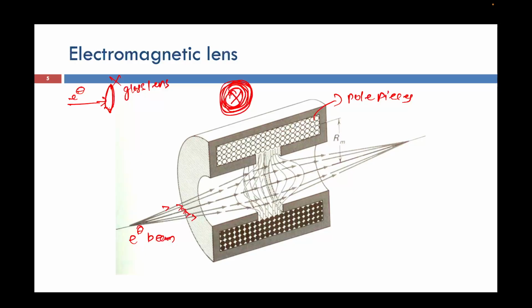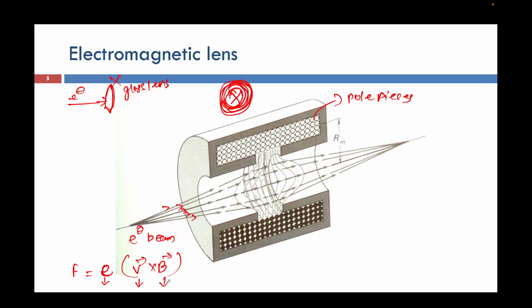Since the magnetic field is generated, we know that if any charge carrier goes through the magnetic field, it will experience a force. That force is given by F = e(v × B), where e is the charge of the electron, v is the velocity, and B is the magnetic field.